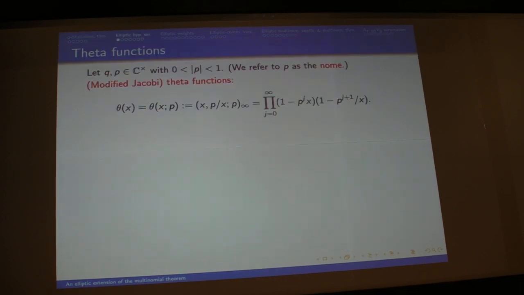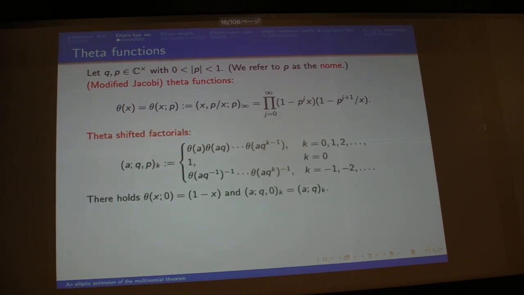Okay, so now I want to extend this to the elliptic setting. I'm working with modified Jacobi theta functions, and I also use this multiplicative notation for theta functions. Theta of x is more or less an extension of 1 minus x.